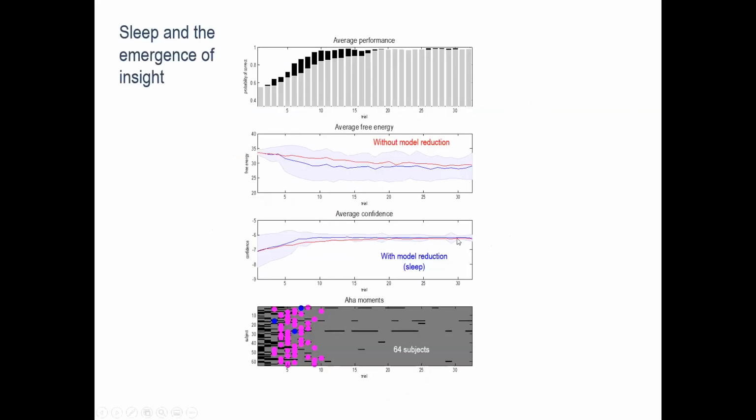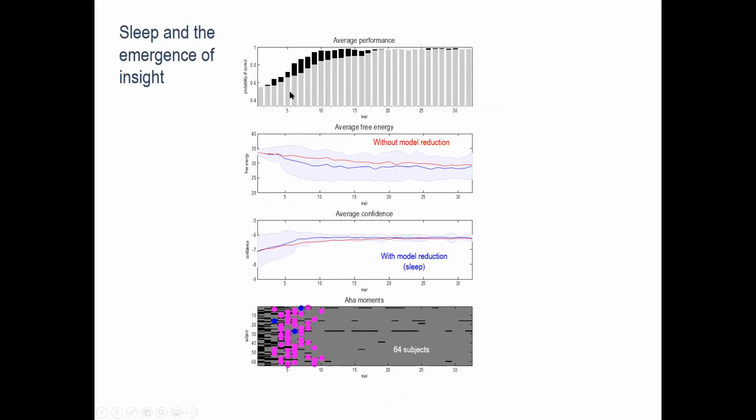So when we look at the performance of agents with and without sleeping or model reduction, we see the kind of performance that now is approaching your competence. So here is a sequence of agents.